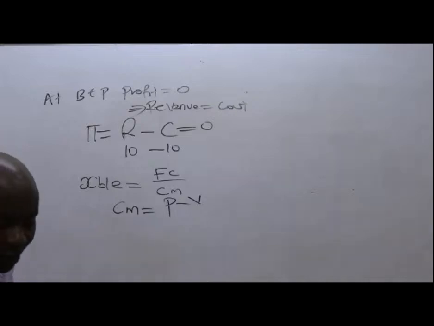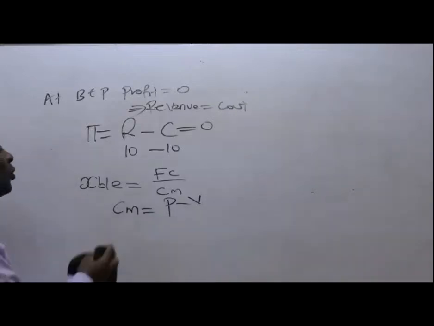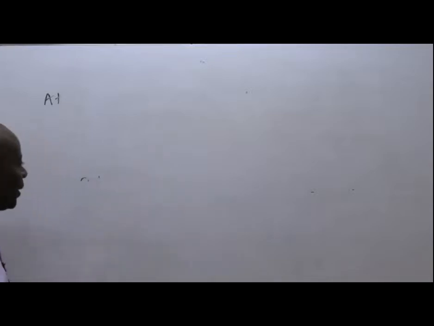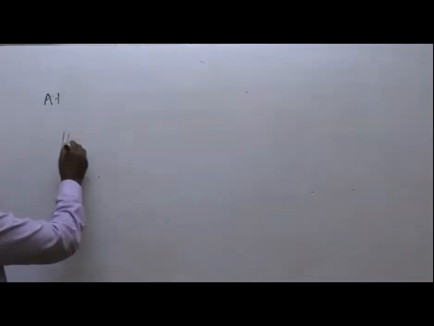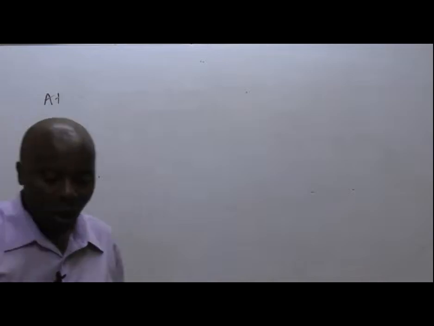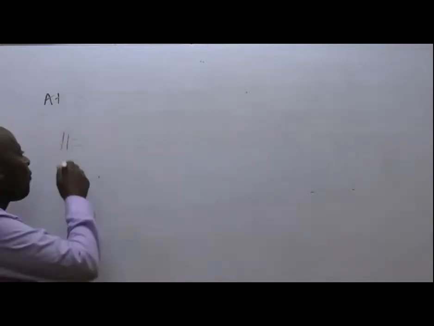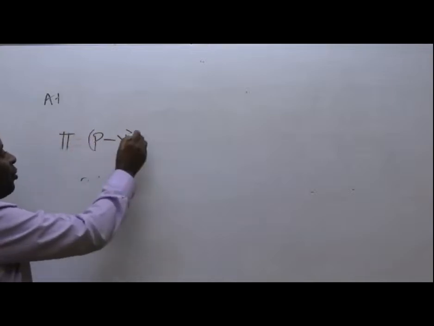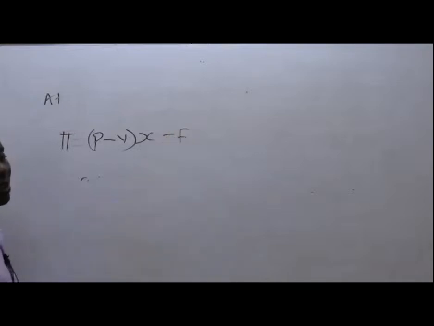To get profit, whenever I see price, variable cost, and quantity, what I will do is P minus V multiplied by quantity, minus fixed cost.